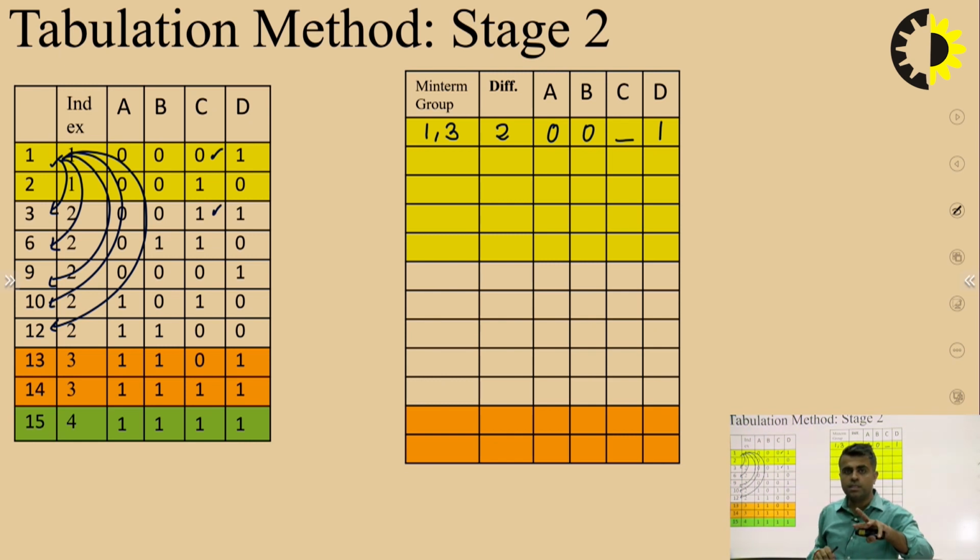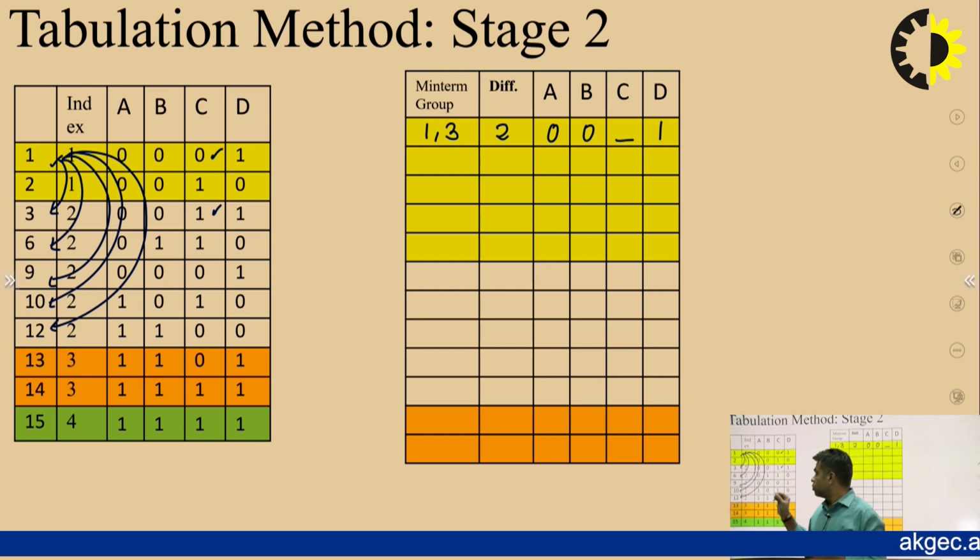If that difference can be written in 2 raised to power form, that means it is either 1, because 1 is 2 raised to power 0, 2 raised to power 1 is 2, 2 raised to power 2 is 4, 2 raised to power 3 is 8. That means if the difference is 1, 2, 4, 8, only then the grouping possibility needs to be checked. I am not saying it will definitely be formed, but you will only be checking those minterm pairs which produce a difference in 2 raised to power form.